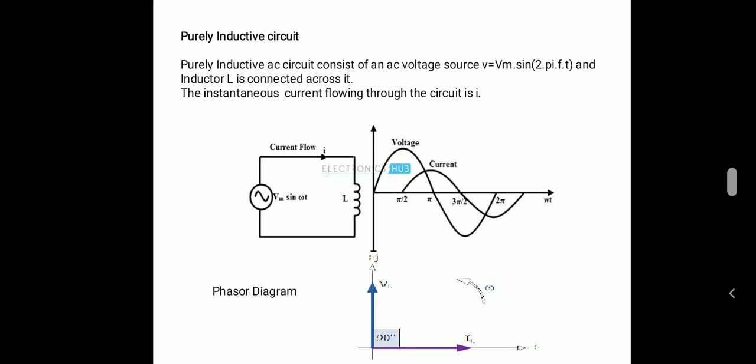Now the voltage and current equations. The voltage equation is V equal to Vm sine of 2 pi ft, which is already given. If you see the diagram, current lags voltage by 90 degrees, so the current equation becomes I equal to Im sine of 2 pi ft minus 90.